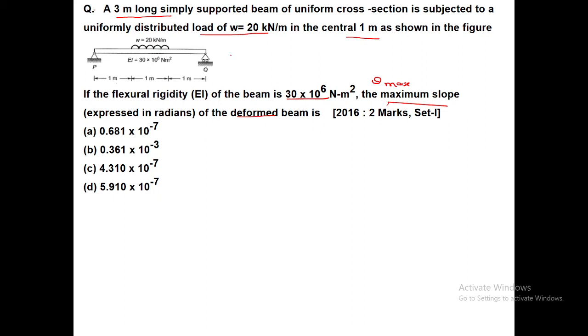So first, convert this beam. This is the reaction force RP, RQ. So first draw the end lengths. The distance between this is 1, the distance between this is 2.